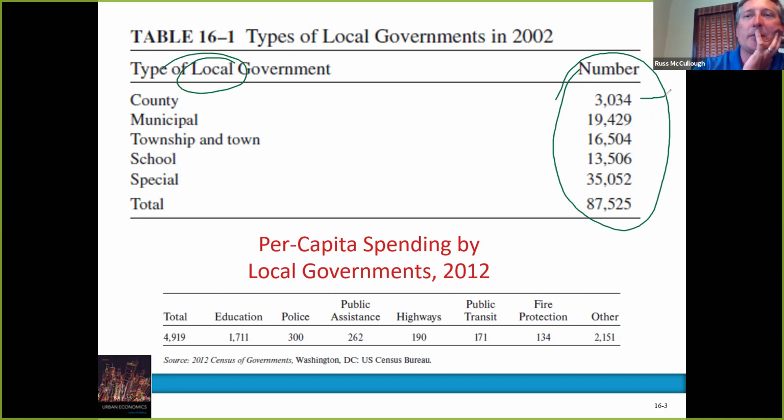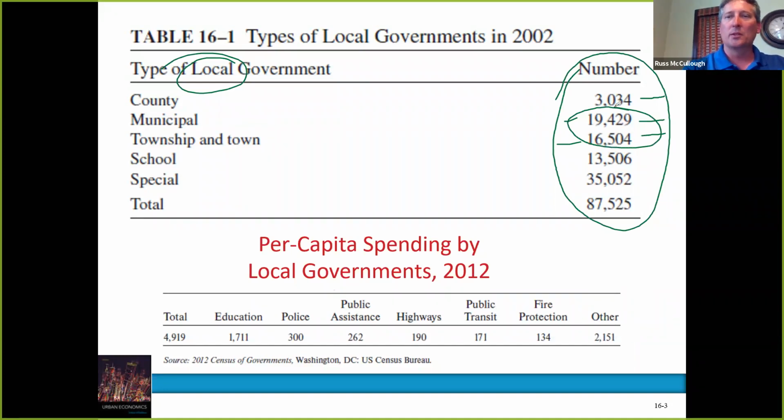So county governments, 3,000. So we have 3,000 counties basically throughout the United States. And then municipalities and townships. Townships were defined by the legal system, and sometimes those can be the same as a municipality, but it's just technically different the way it was originally defined. So those two are kind of similar.